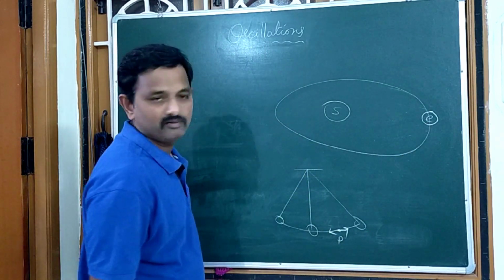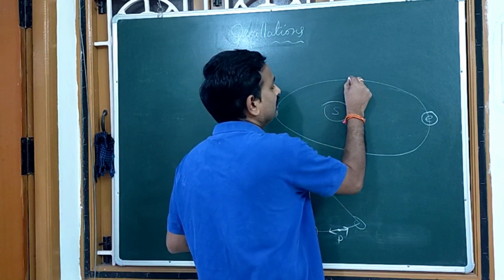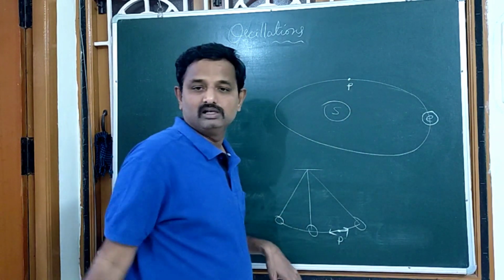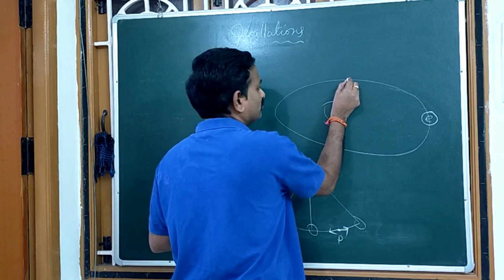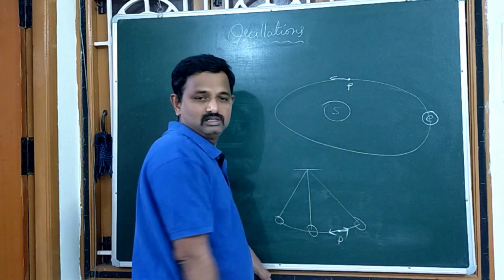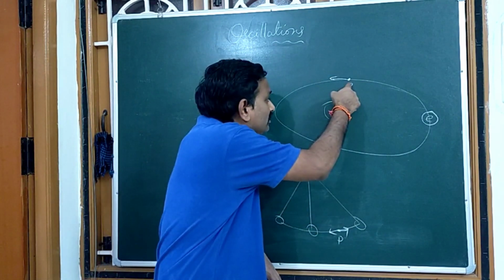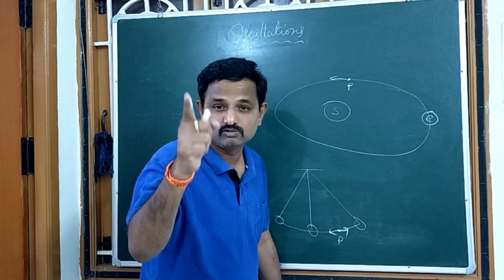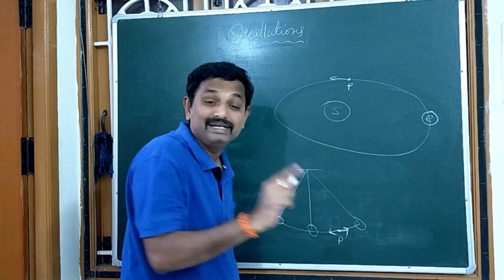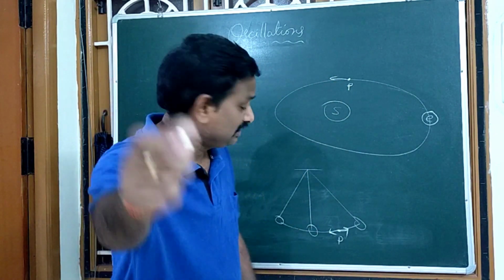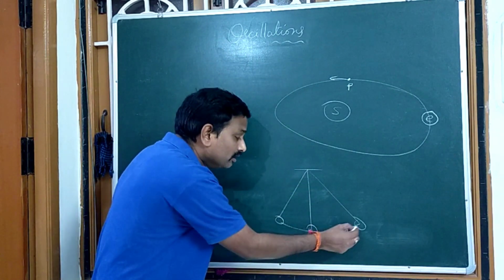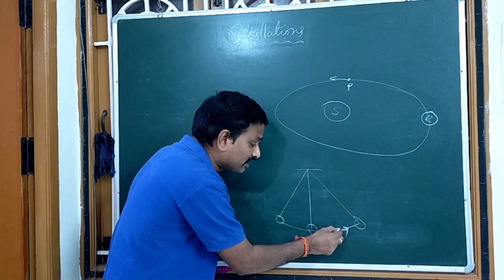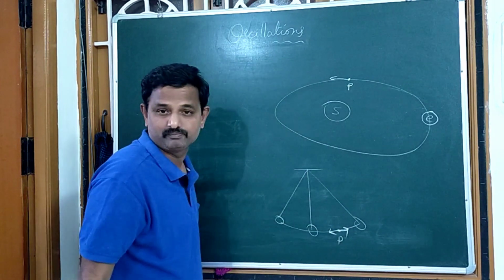If you consider one point P, at this point Earth has only one direction, towards the left. At a given point it has only one direction, it is not retracing its path. But in oscillatory motion, the pendulum retraces its path at a given point P.